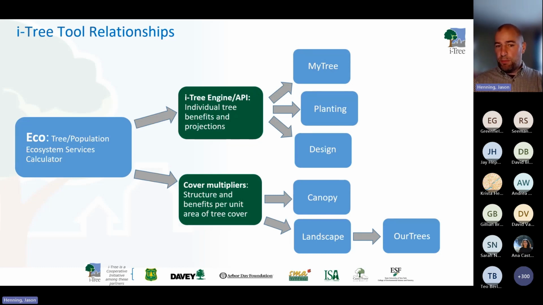We get an estimate for the benefits provided by trees in your county per unit of tree cover. So if you say, I've got 1 acre of tree cover, we know that 1 acre where you live, based on the weather and air pollution and all those things and the trees that are there, maybe it stores 1,000 pounds of carbon per acre each year. So that's how we come up with those cover multipliers that feed into those canopy-based tools.